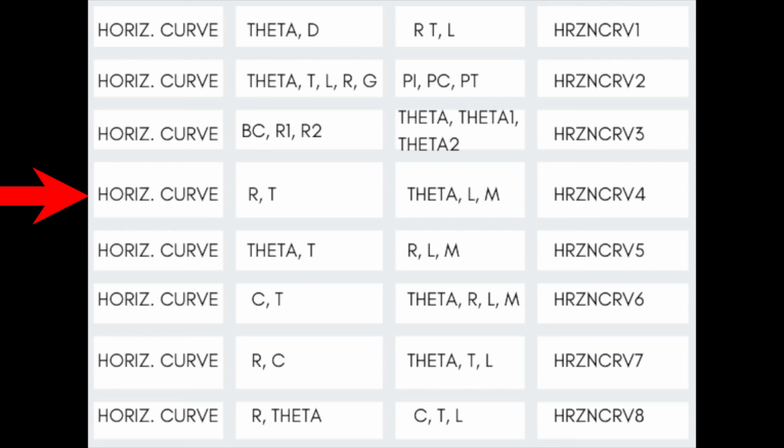If you haven't done that already, please see the section where I show you guys how to do that. Horizontal curve 4, and if we're given the radius or the tangent length, we can basically find all three of these, theta, L, or M, but typically the equation might only ask for one, like theta, L, or M.